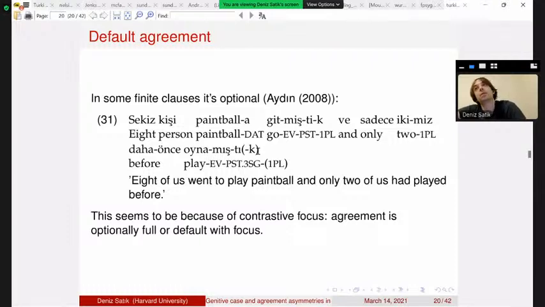One concern I have with that is that it seems mysterious how semantics can influence agreement in Turkish, because, for example, sizin kediniz, even the polite pronouns in Turkish force syntactic agreement, even though this is semantically not second person plural.